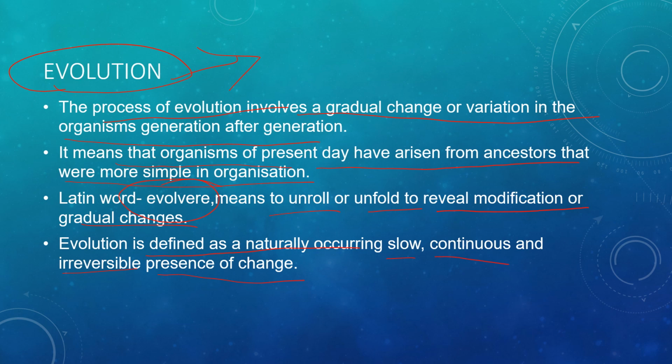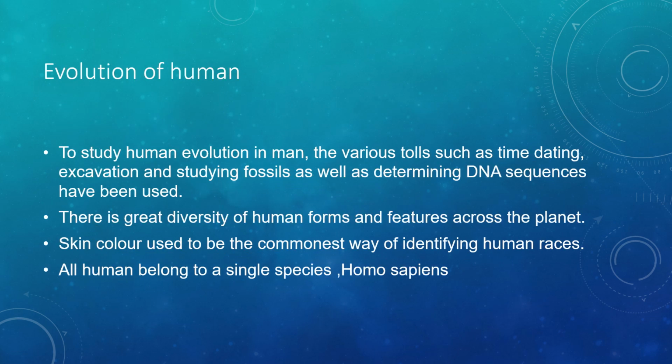All of a sudden, if you feel that you don't like that external feature and you want to change it, no, it's not possible. Once you have gone through the evolution process, whatever you are now, you can't change that. So it is an irreversible process. This evolution is somewhat like a chemical change. Once it is modified, it can't be reversed.